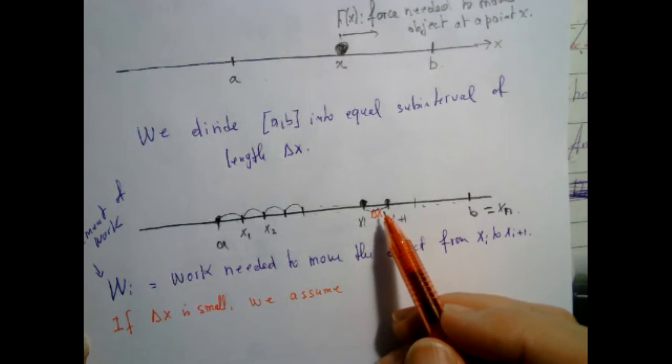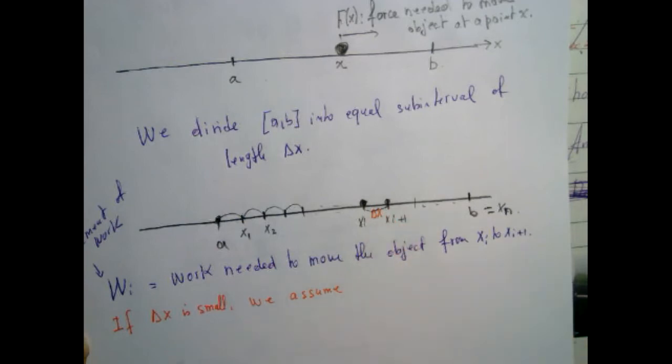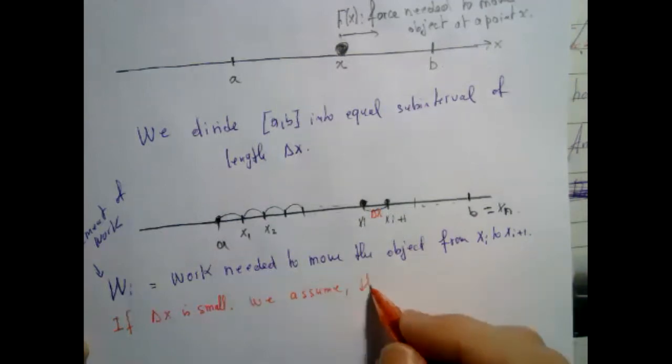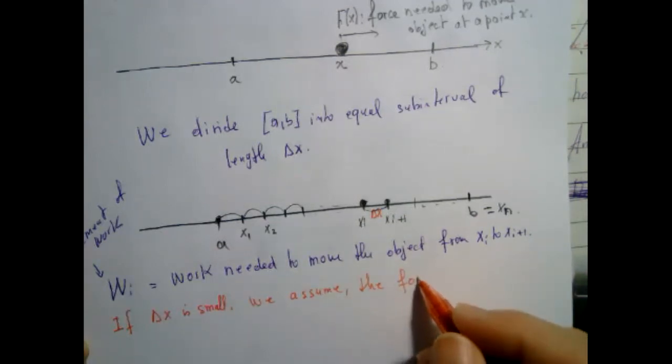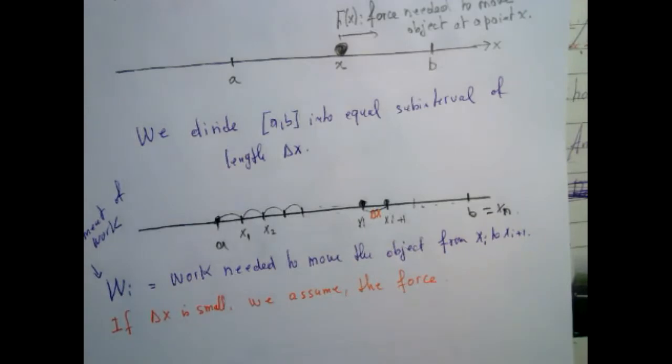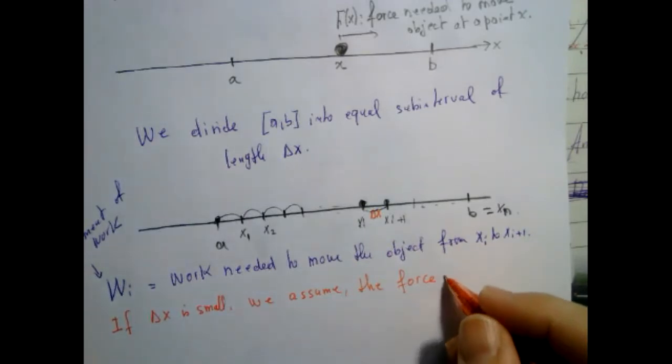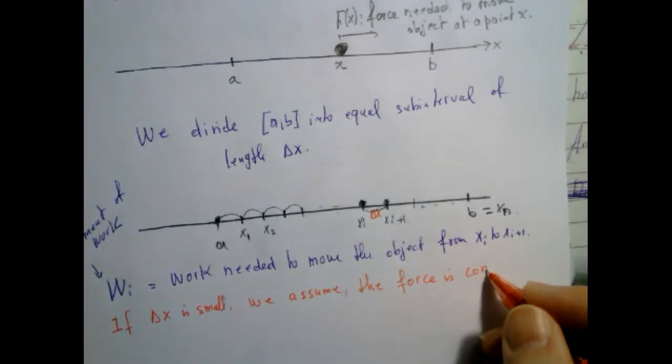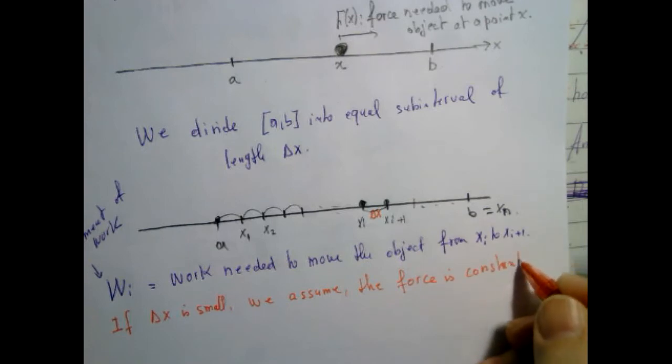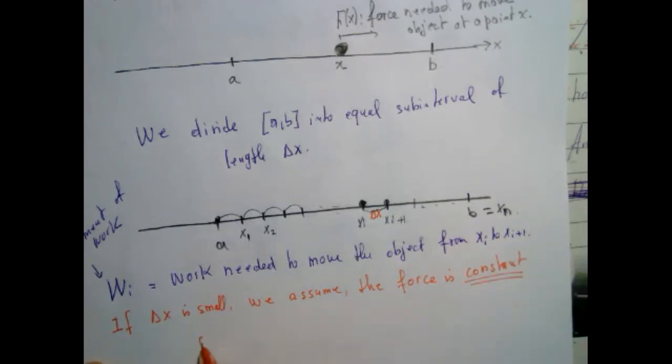Because if delta x is small, I can make this assumption. So if delta x is very small, we assume that the force is not changing. It means it's constant. We assume that the force is constant on the interval xi to xi plus 1.